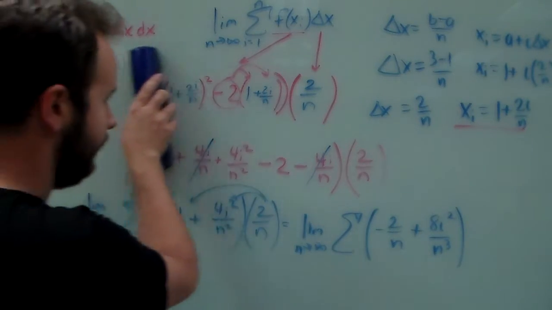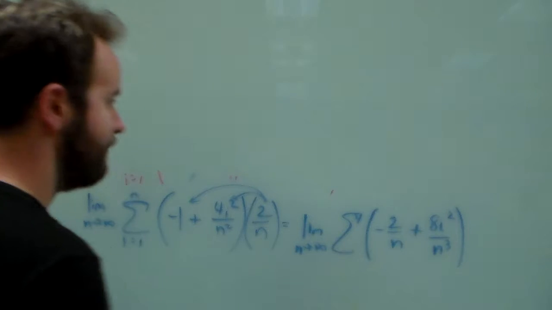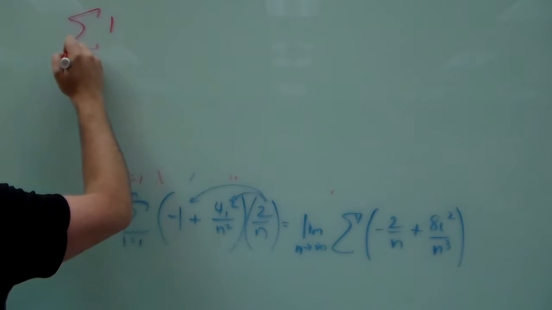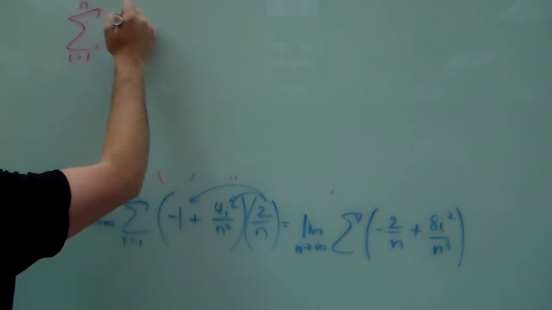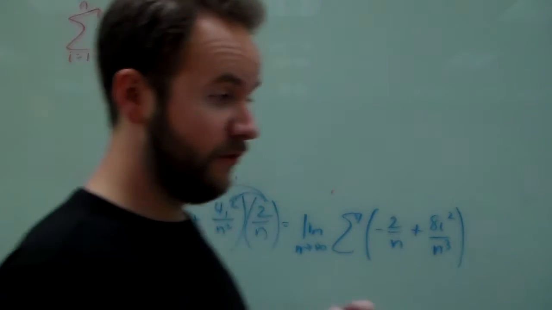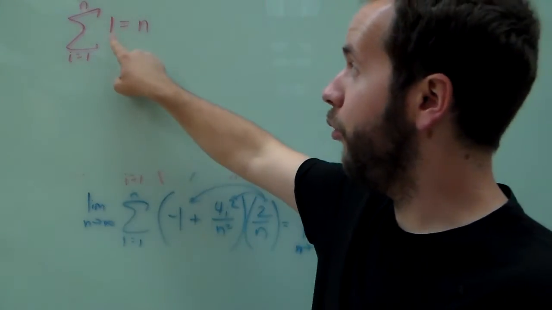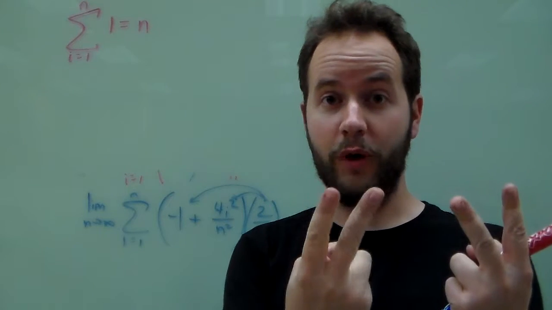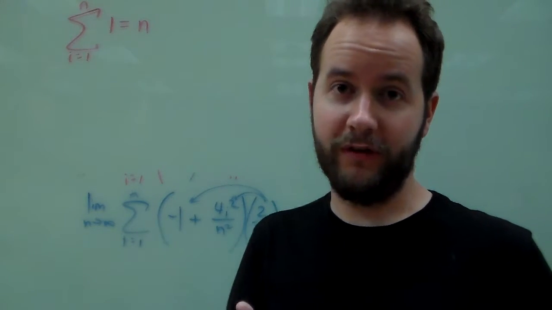Well, before we go on with this, I'm going to need a couple formulas. I'm going to use the fact that the summation of 1 from i equals 1 to n is equal to n. If you're wondering why that is, it means you're adding the number 1 to itself n times. So basically doing 1 plus 1 plus 1 plus 1 plus 1, adding the number 1 to itself n times.